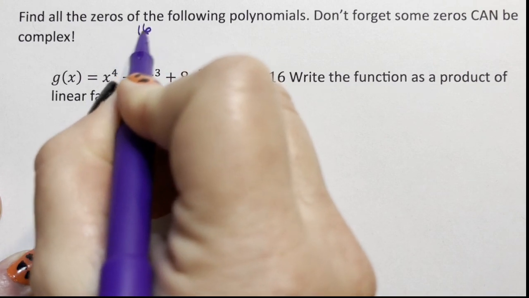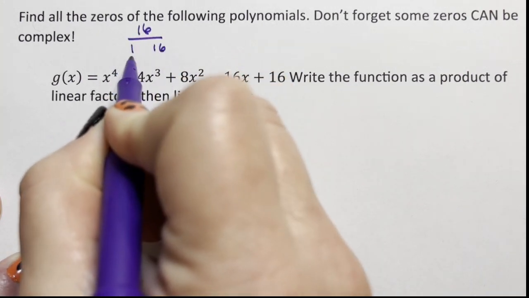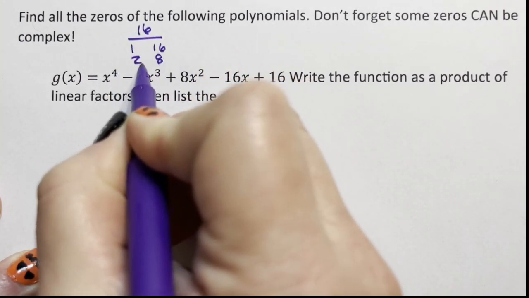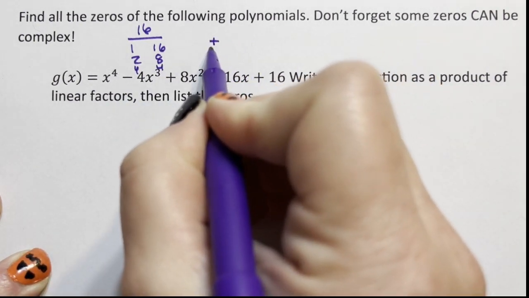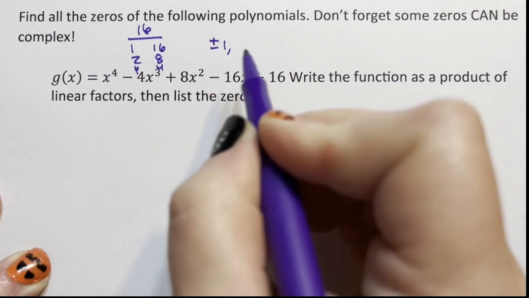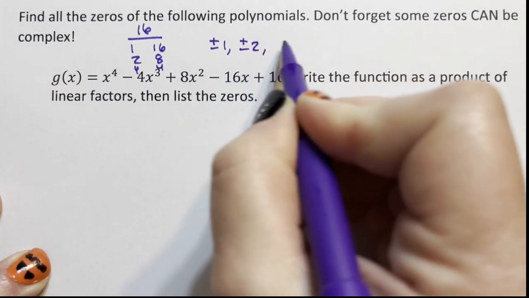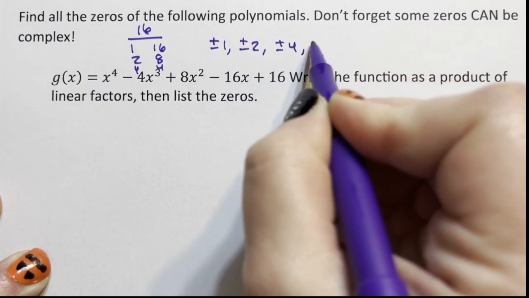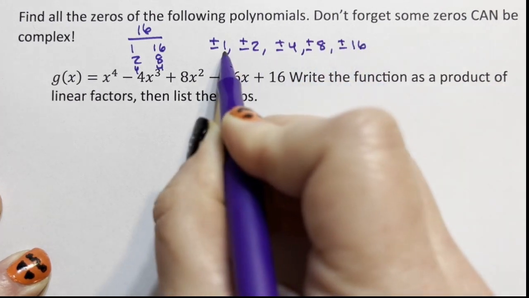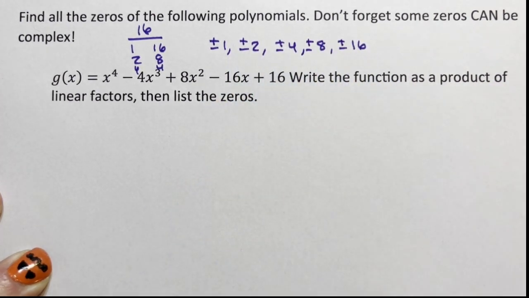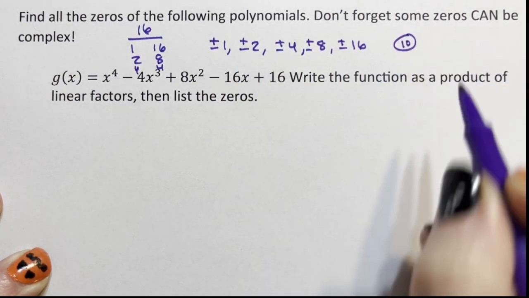So the factors of 16 are 1 and 16, 2 and 8, 4 and 4. So we have plus and minus 1, because dividing by 1 doesn't matter, plus and minus 2, plus and minus 4, plus and minus 8, plus and minus 16. So that's 10 options.